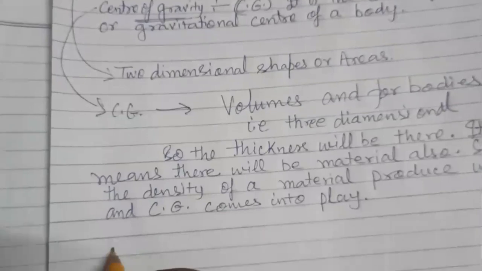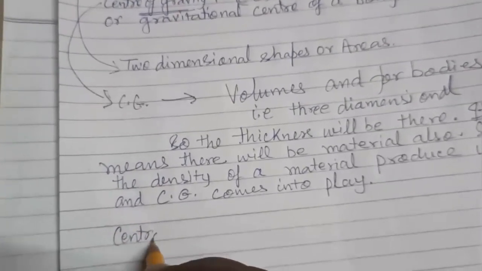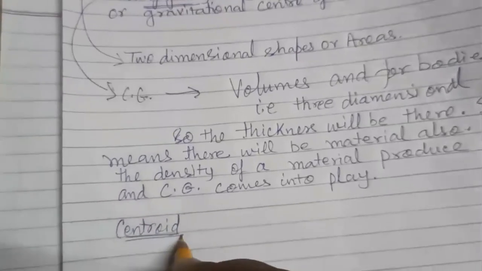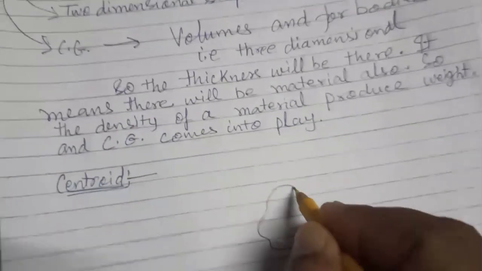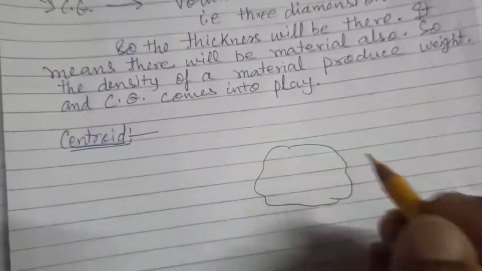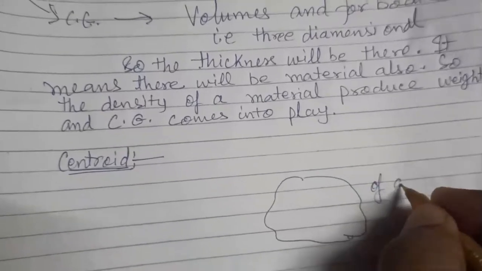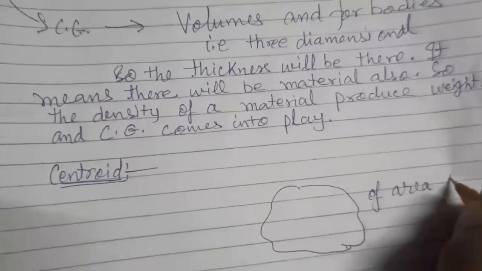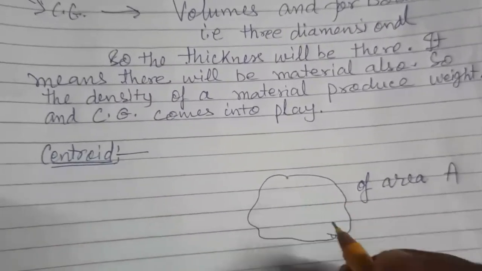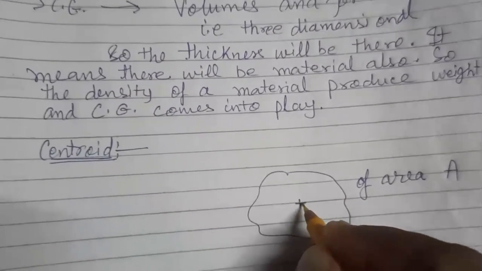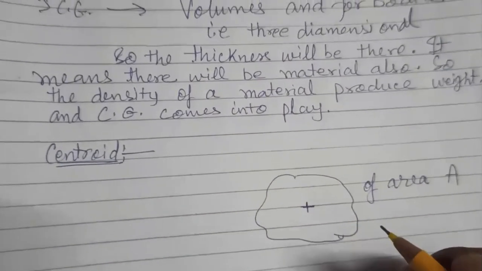Now, centroid. Suppose there is a shape of area capital A, and this is the centroid of this area.